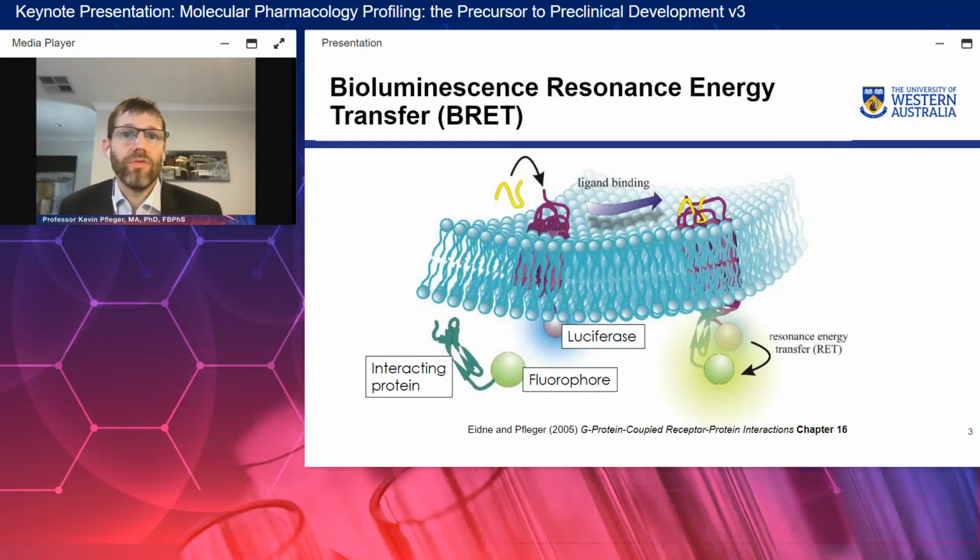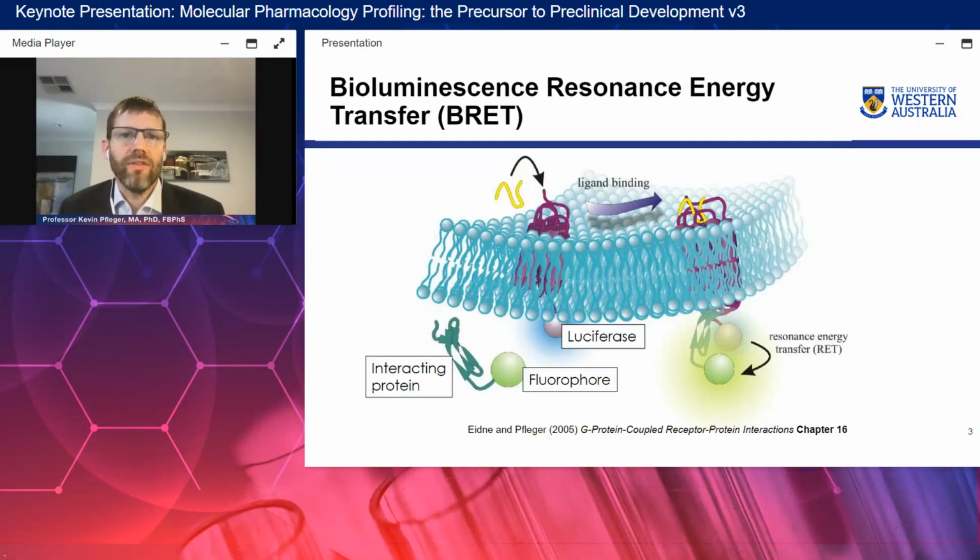When the receptor is activated by the ligand, the interacting protein comes up, interacts with that receptor, bringing the fluorophore into closer proximity to the luciferase. As a consequence, there's energy transfer. You have less blue light emitted and more yellow light, or whatever color the fluorophore is.